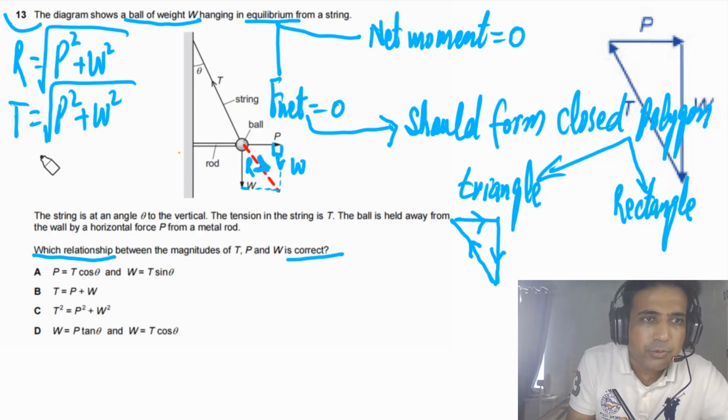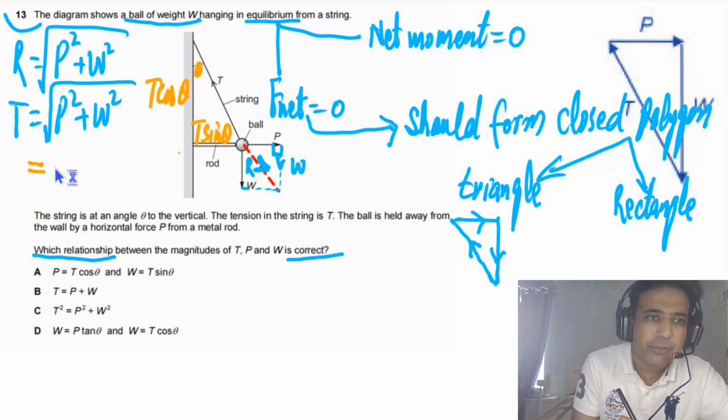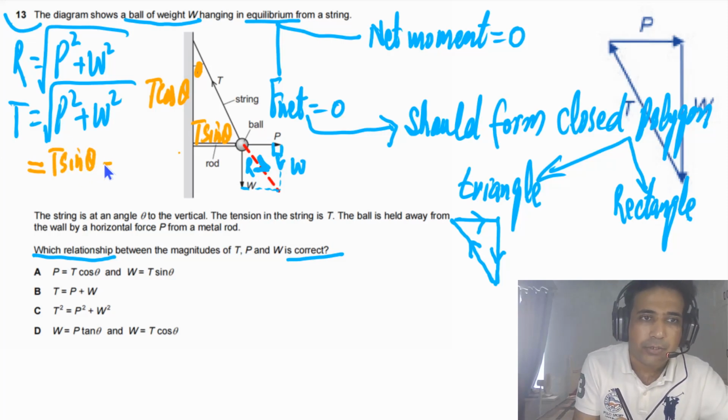We can also write down P and W in terms of T. So if you look at components of T, we have angle theta here. So this component will be T cosine of theta, and this component will be T sine of theta. So in this case, P has to be equal to T sine of theta in magnitude, but in opposite direction.